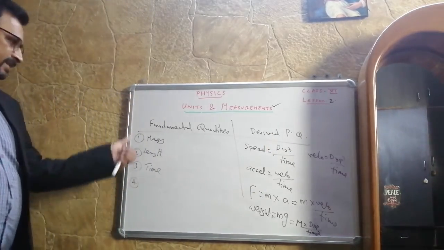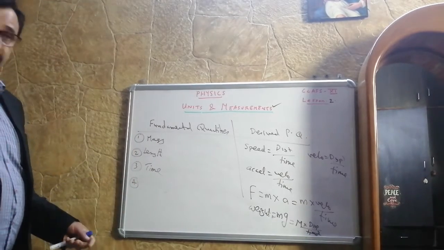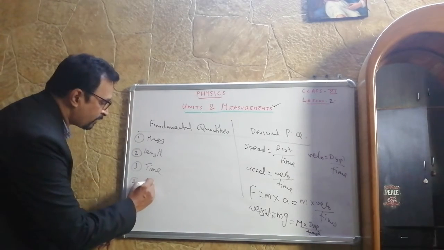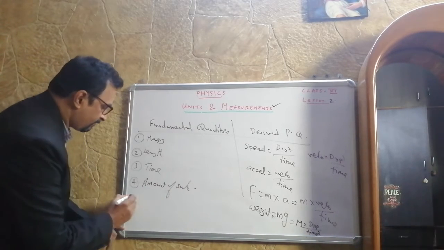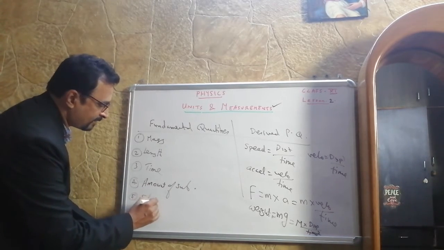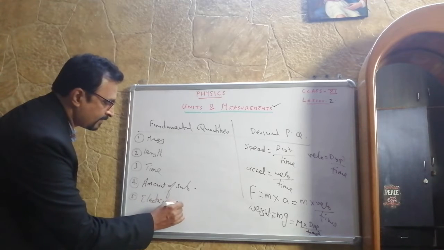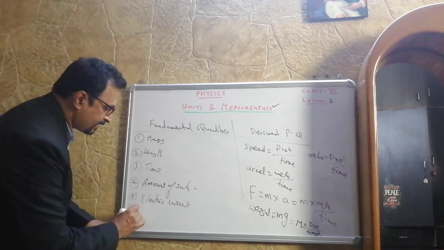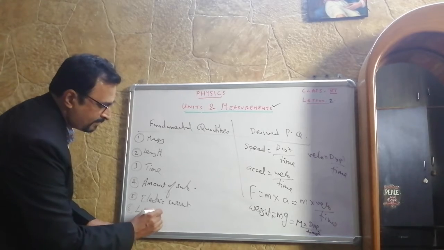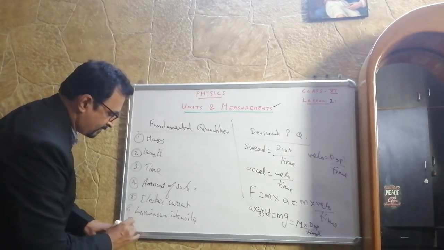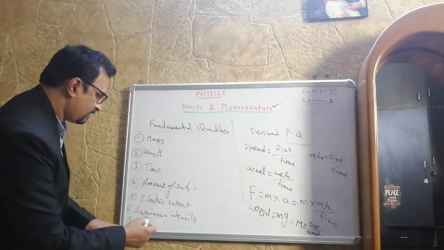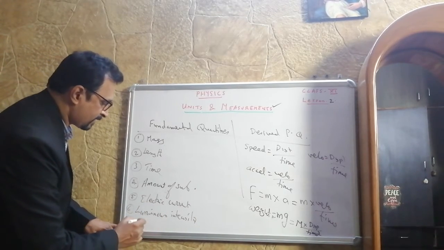And some more physical quantities are there which come under fundamental physical quantities. The third one is amount of substance. Another one is electric current. Another one is luminous intensity. And the last one is temperature.